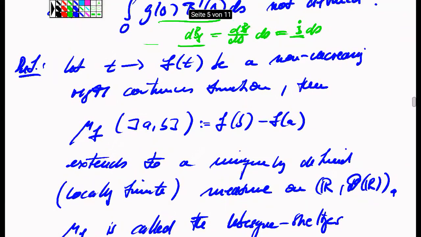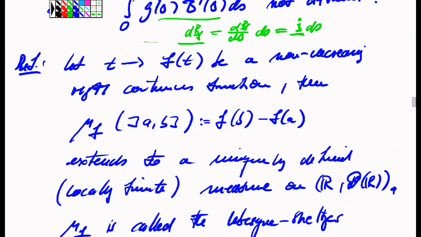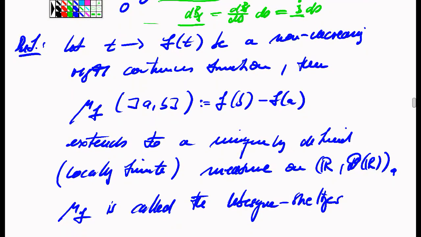The next attempt to define this integral with respect to the increments of Brownian motion is based on the concept of the stochastic integral for non-decreasing right continuous functions. This is basically the concept of integration that you know from random variables which assume values in one dimension, because for a Borel measure in one dimension, we always have what we call the distribution function of this measure.